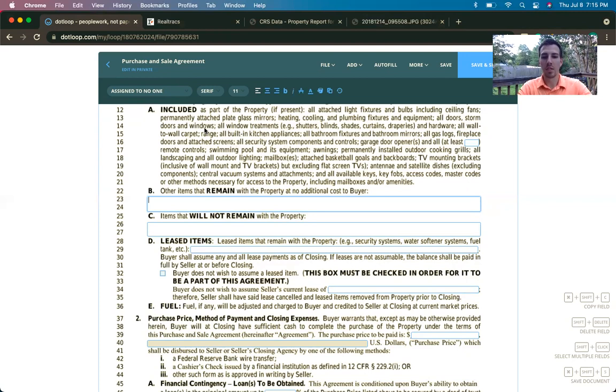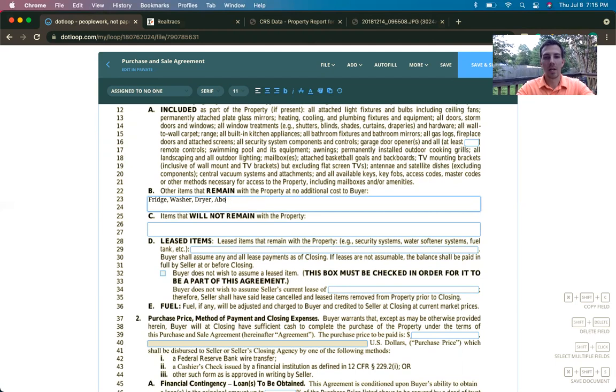So a lot of times you'll see fridge written here, sometimes washer and dryer, above ground pool. This is where, if the buyers want anything extra, it goes in lines 23 and 24.